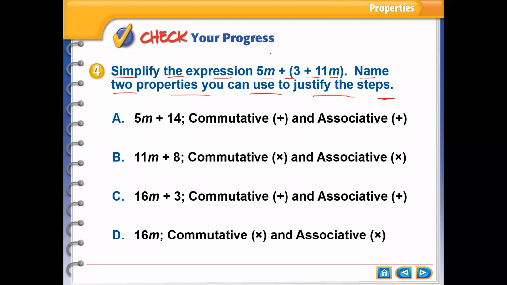So if you simplify, you will write 5m plus 11m, like terms with each other, plus 3. Which property is it, commutative or associative?